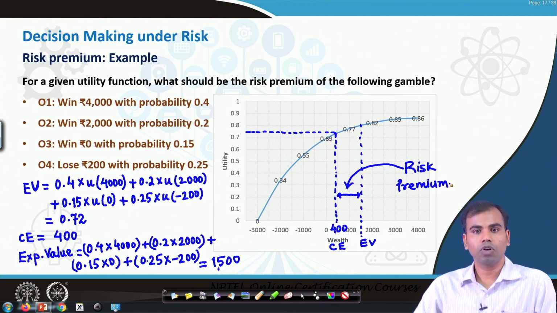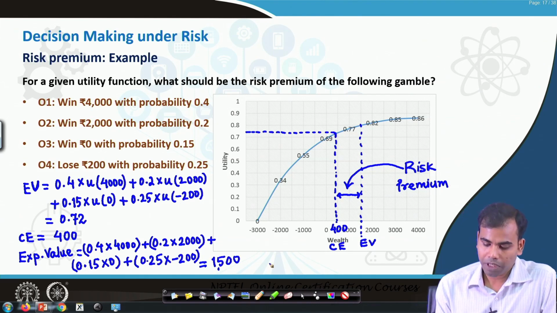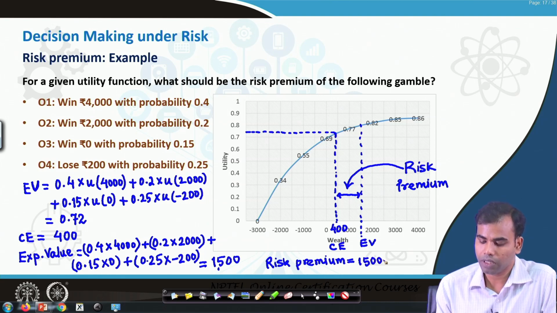And if we hold on to this particular gamble, the expected value that we are going to get at the end of the period is 1500, out of which risk premium is basically how much? Risk premium is 1500 minus 400 of certainty equivalent, that is 1100.